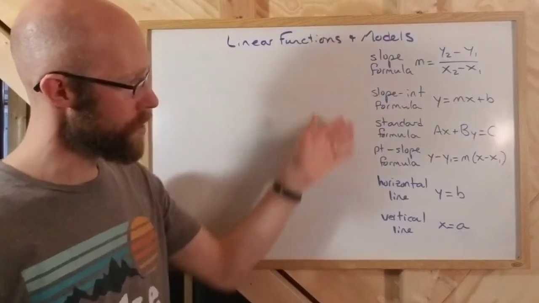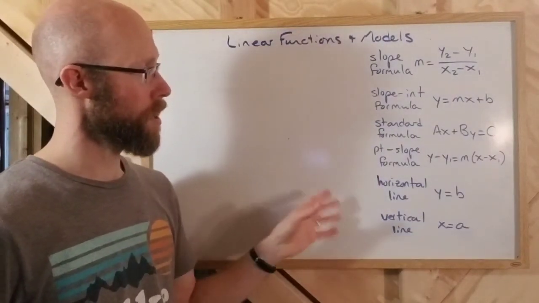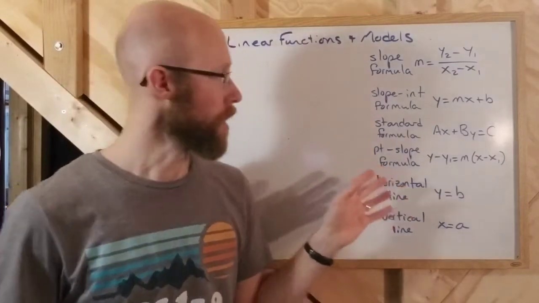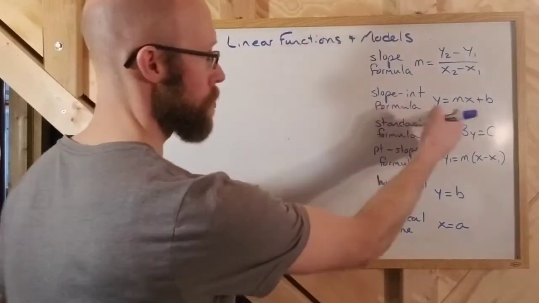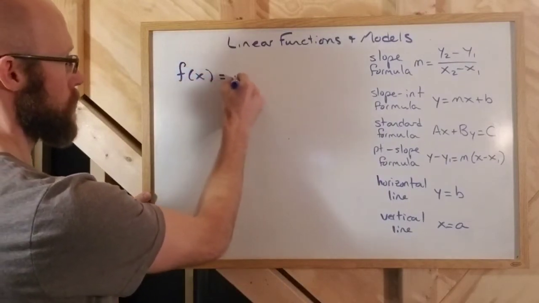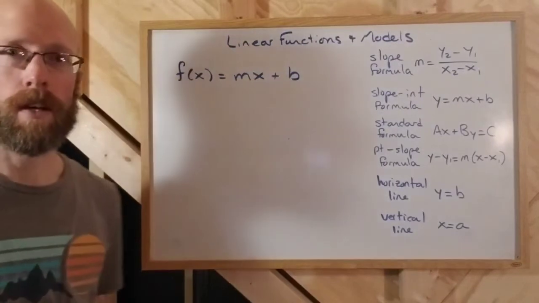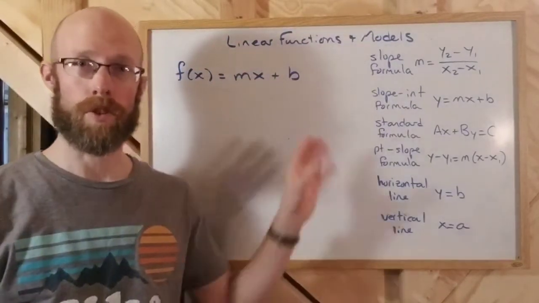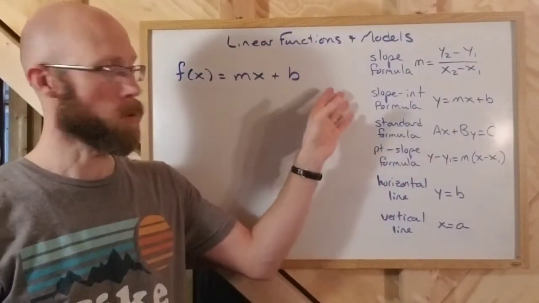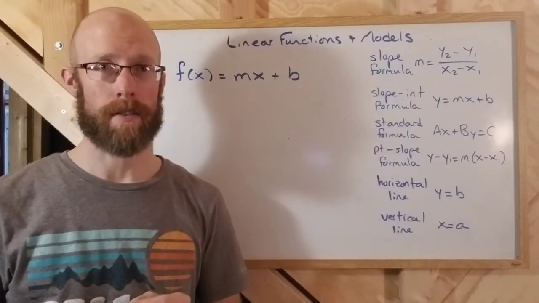And so these are some general formulas that you get when you look at lines. But really, the slope-intercept formula is the function notation, right? You can put that in function notation, and that's really the more useful one, the one that you see most common. It's also unique for every line, okay?